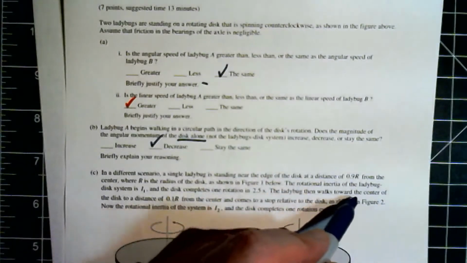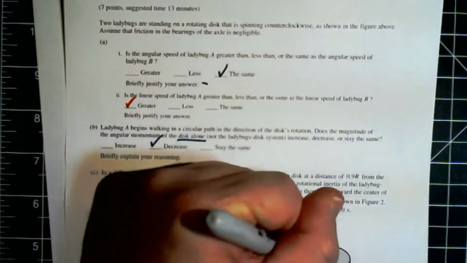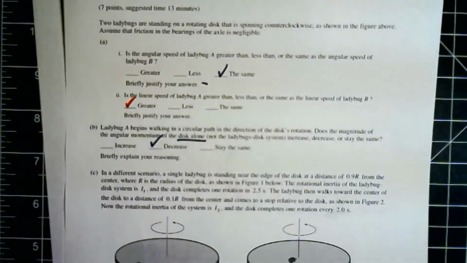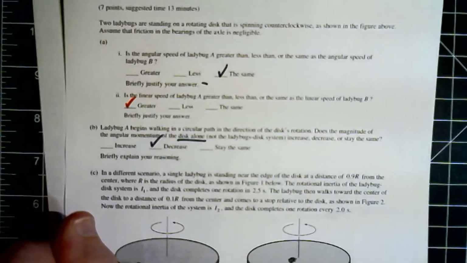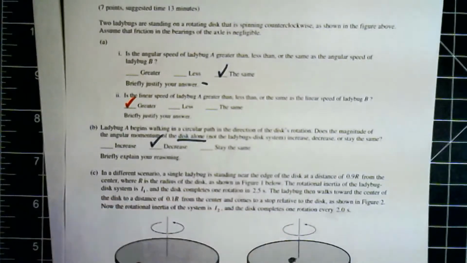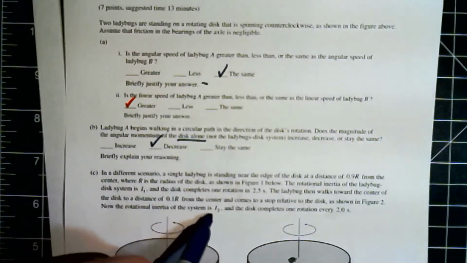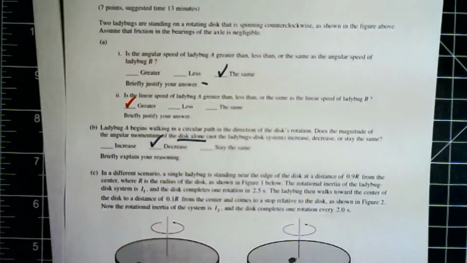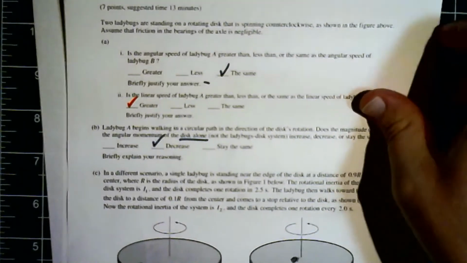The ladybug then walks towards the center of the disk to 0.1, so it moves from here to here, getting closer to the center, and comes to a stop relative to the disk. So the only thing that's happened is the bug walks towards the middle as it's rotating. Now the rotational inertia of the system is I2, and the disk completes one rotation every 2 seconds. So that means that the disk actually sped up. And we want to derive an equation for I2 in terms of I1.